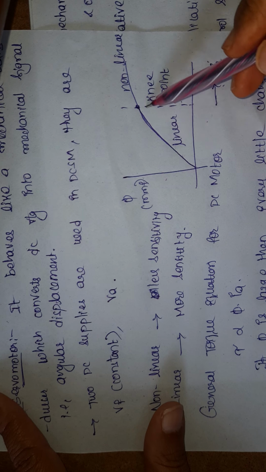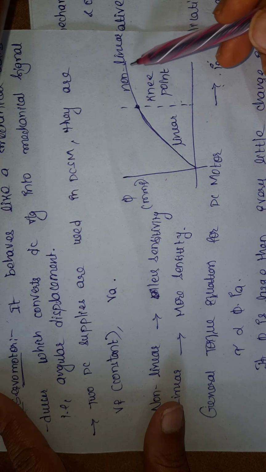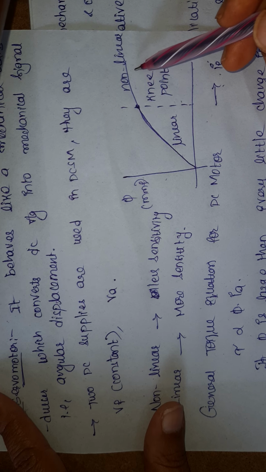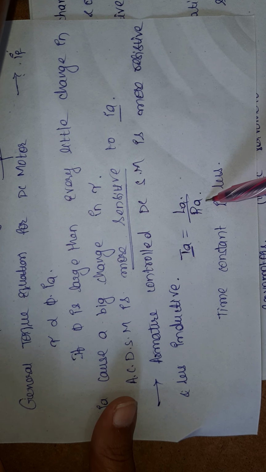So the same factors we discussed for armature controlled are reversed for field controlled. If we see the diagram here, it is the range of armature controlled. After that field will enter. And here also it is less inductive, more resistive.